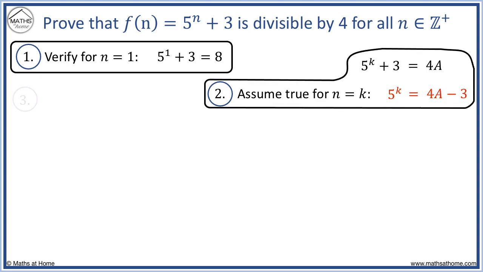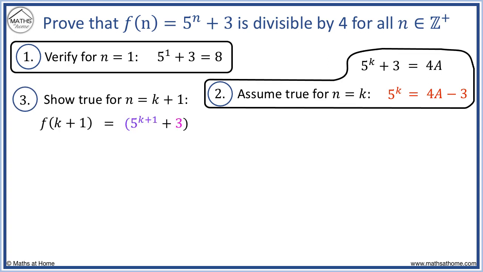Now we substitute n equals k plus 1 to obtain 5 to the power of k plus 1, plus 3. 5 to the power of k plus 1 equals 5 to the power of k multiplied by 5 again. We can write it as 5 times 5 to the power of k, plus 3.